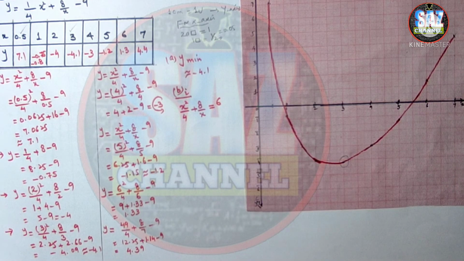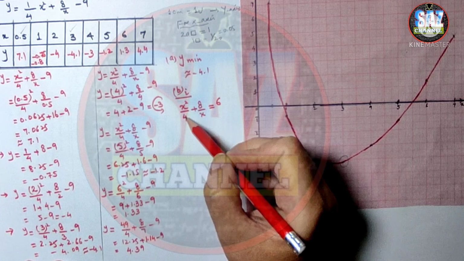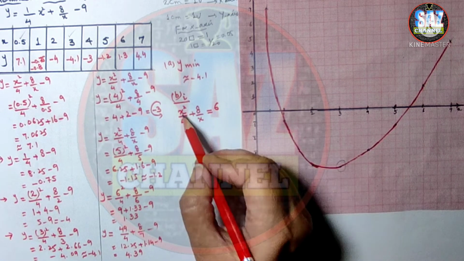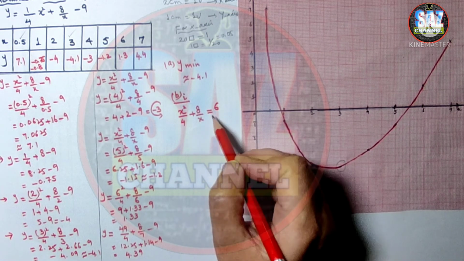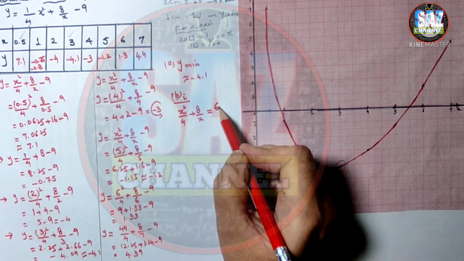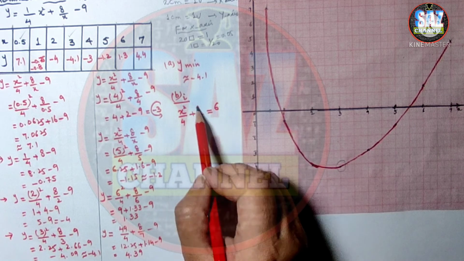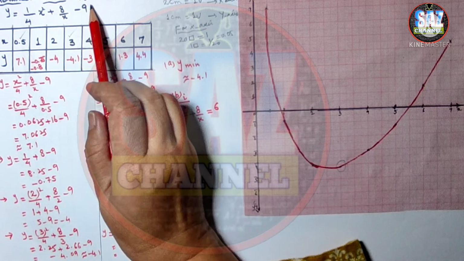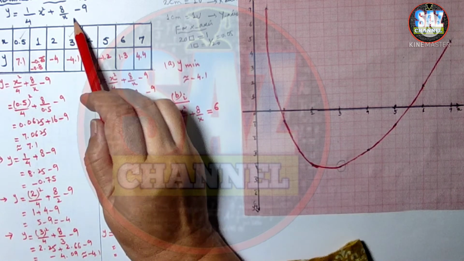Recall my previous lesson. I told you that in all such situations, what we have to do is compare this equation with the given equation, x square by 4 plus 8 by x equals 6. Now look, this portion is similar to the given equation, but the given equation has minus 9 as well.